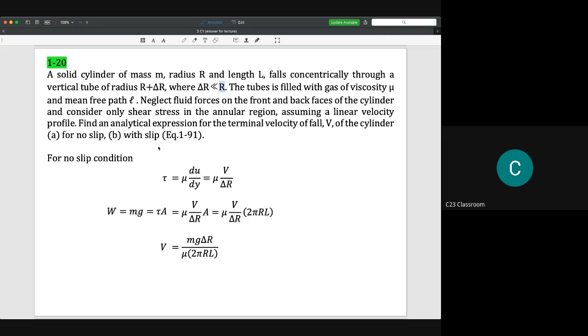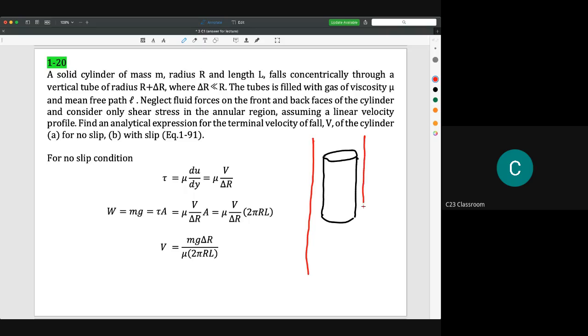So the idea is, for example, you have a cylinder here, and you put it into the hollow cylinder. I hope you could imagine you have a hollow cylinder, and you let it fall naturally, meaning gravity will pull this object, and inside this tube you will have some kind of gas.